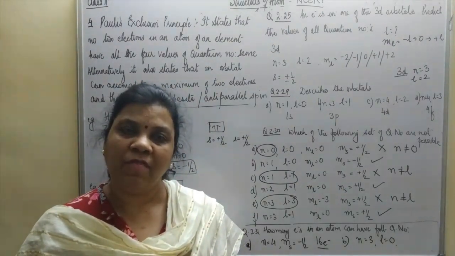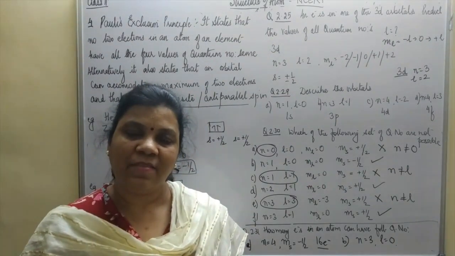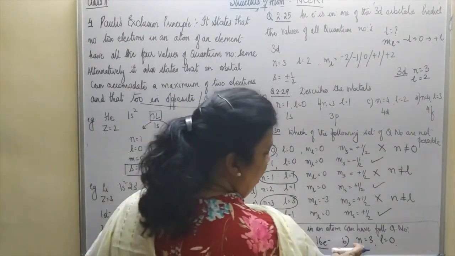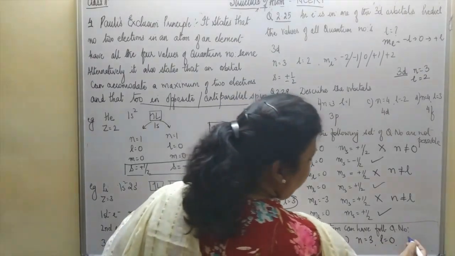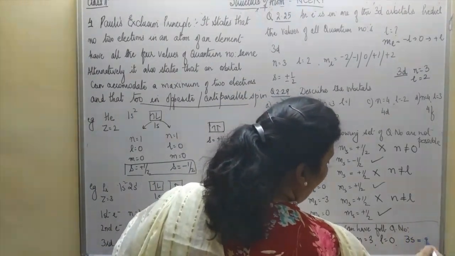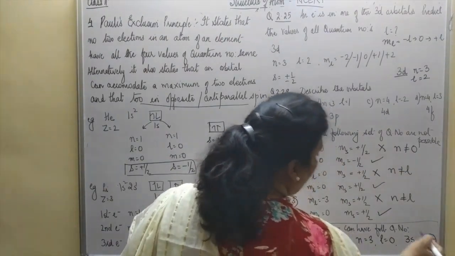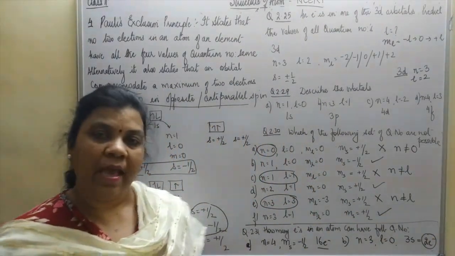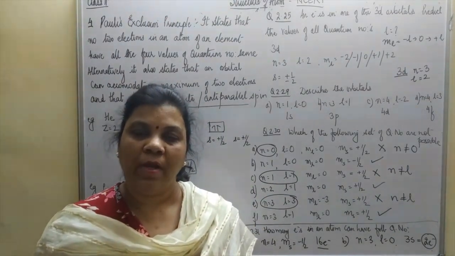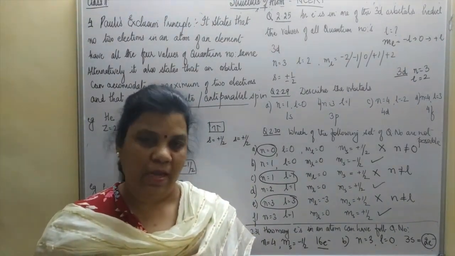The remaining half will have spin in the clockwise direction with s value plus half. Let us see the last one. n equals 3, l equals 0. We are talking of 3s, and 3s will have a maximum of 2 electrons because the 3s subshell contains one orbital and one orbital will accommodate a maximum of 2 electrons.